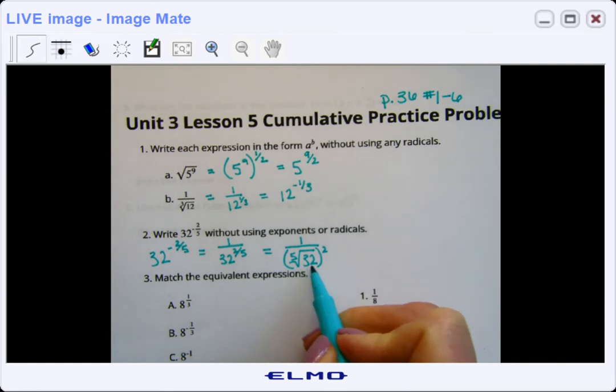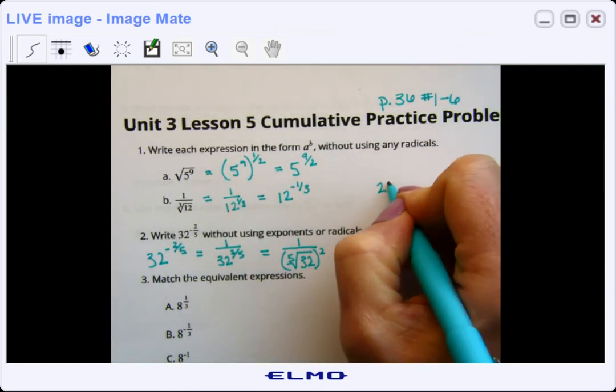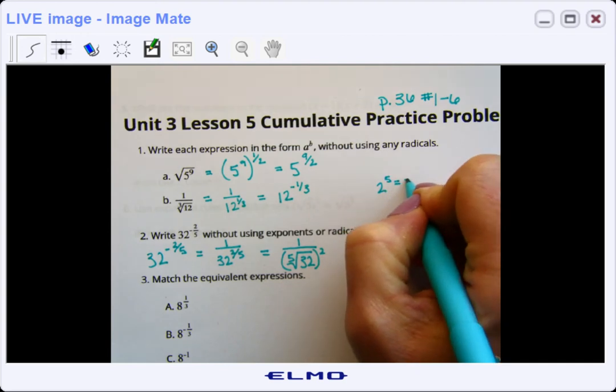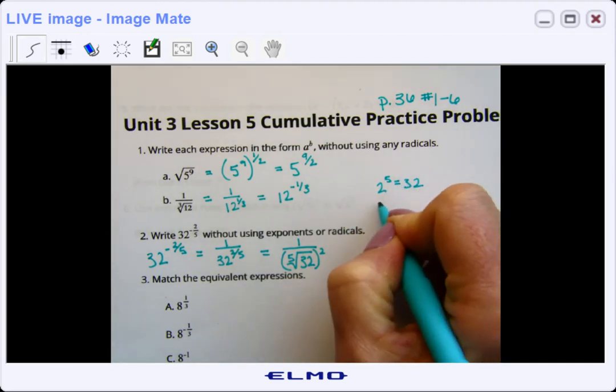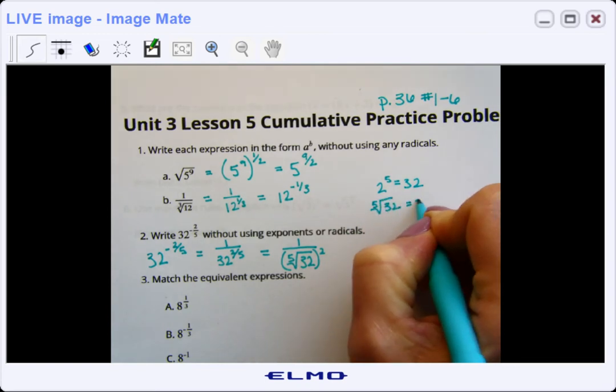Now, the fifth root of 32 is equal to 2 because 2 to the fifth equals 32. And so going backwards, the fifth root of 32 is 2.